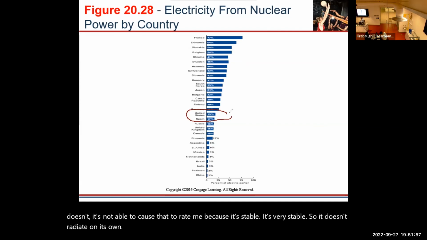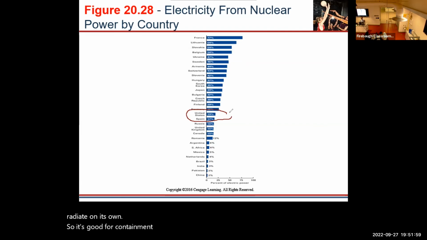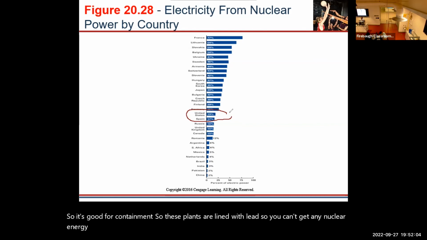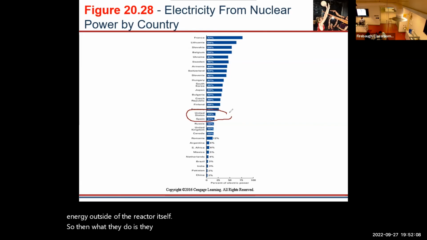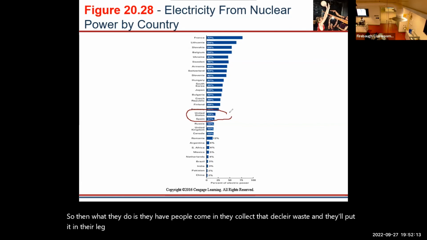So it's good for the tank. These plants are lined with lead, so you can't really react with it. Then they have people bring these back to the waste, and they put it in the bigger container.